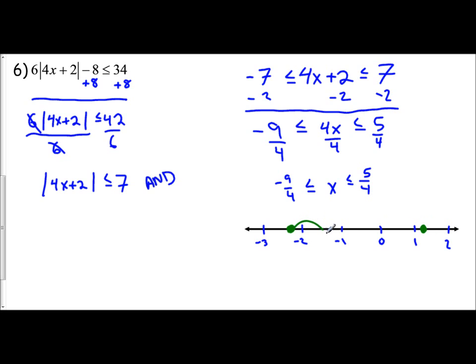And my solution set is between those two endpoints. So that is how we approach solving absolute value inequalities. Make sure the absolute value is isolated by itself first, then determine if it's an "and" or an "or" compound inequality, and break it apart and solve from there.